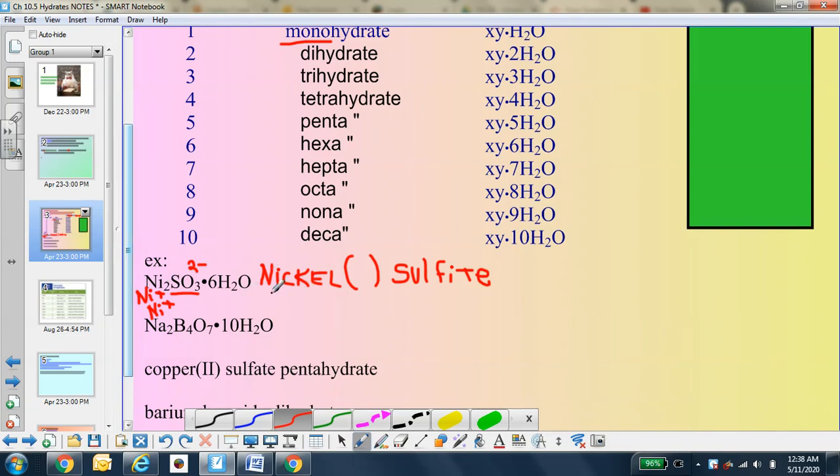So what's our Roman numeral for nickel going to be? The charge on its cation.